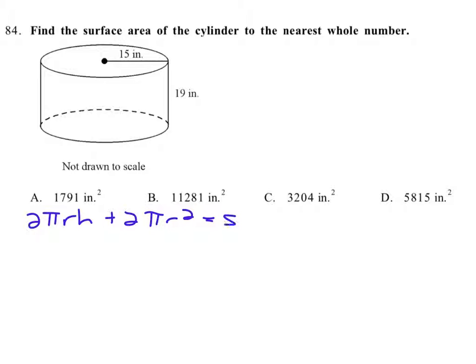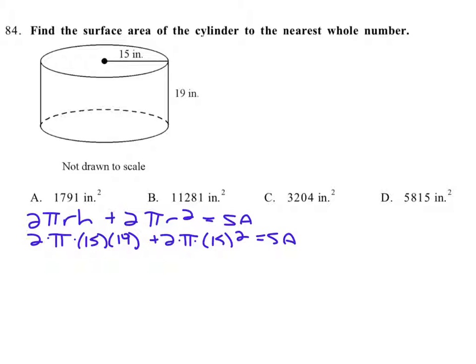That's going to equal the surface area. Okay? I'm going to actually keep it in terms of pi until the very end. So we say 2 times pi times the radius of 15 times the height of 19 plus 2 times pi times the radius of 15 squared.